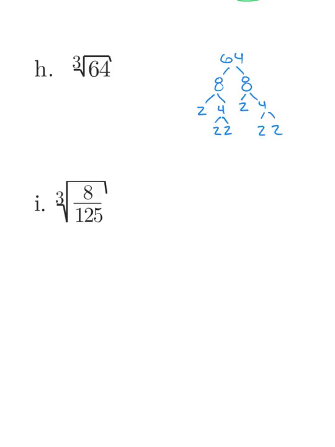So this one, we are looking at cube root, so I am looking for groups of 3. What do we have here? I have one group of 3 and a second group of 3. So what this is equal to is 2 times 2. I'm going to pull out one representative for each. And if we simplify this, we get 4.